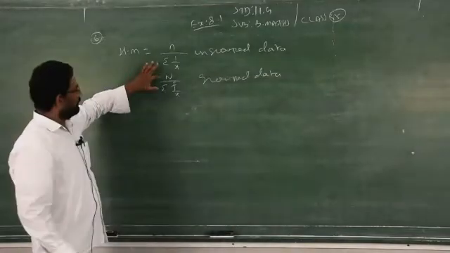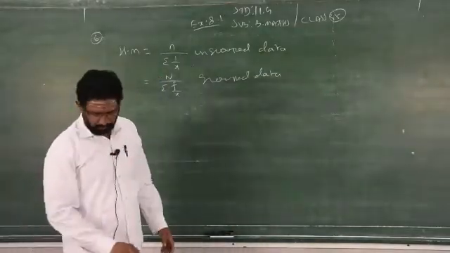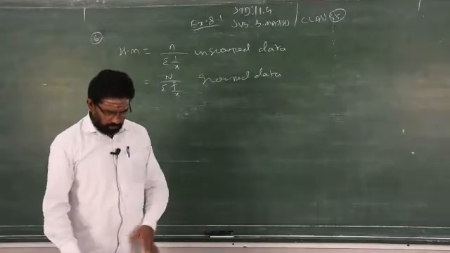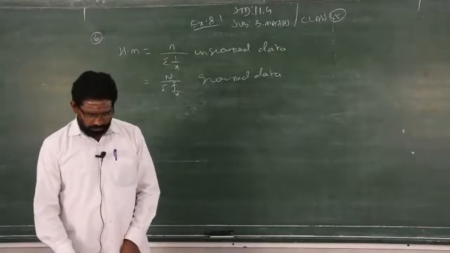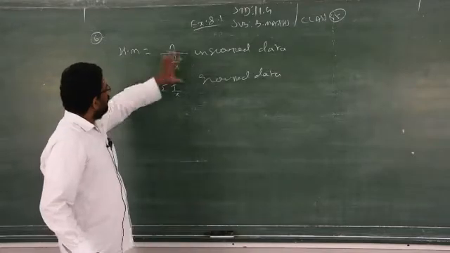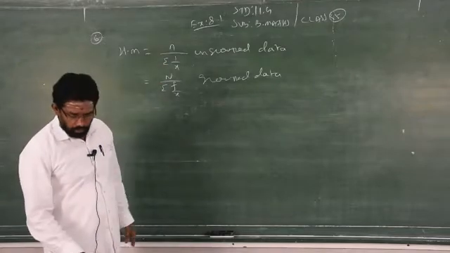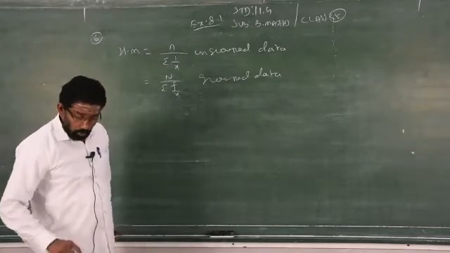Clear? So capital N, you know, stands for summation f. Based on these formulas, depending upon the models, we will see some problems. Clear? The first one stands for ungrouped data, the second one stands for grouped data.